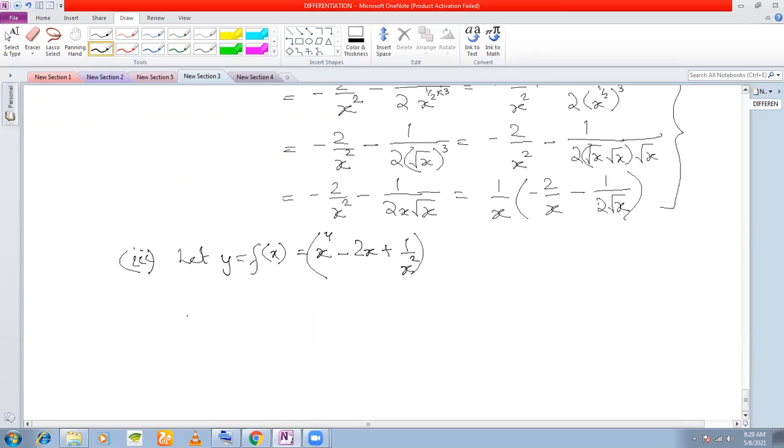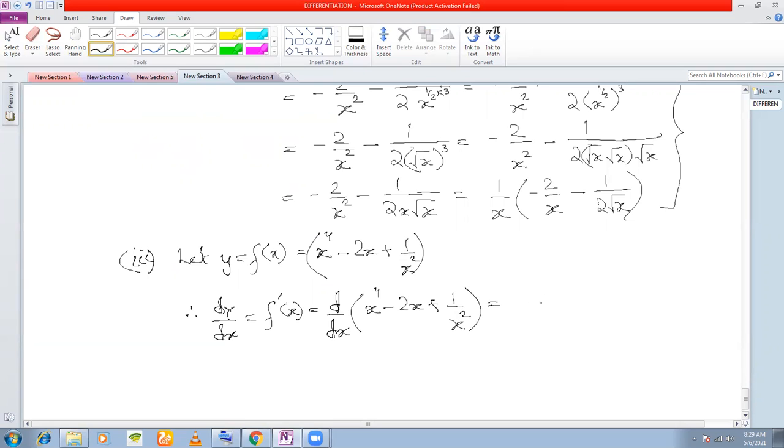Okay, so therefore dy/dx will be equal to f dash x, equal to d/dx of x to the power of 4 minus 2x plus 1 by x squared.